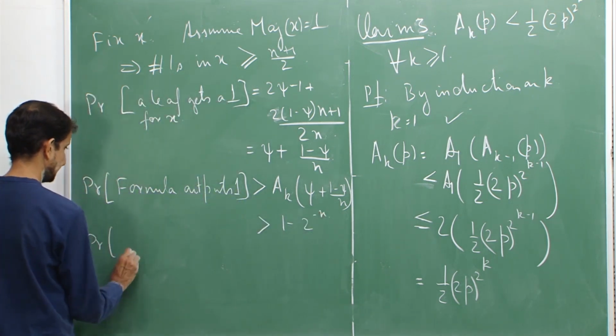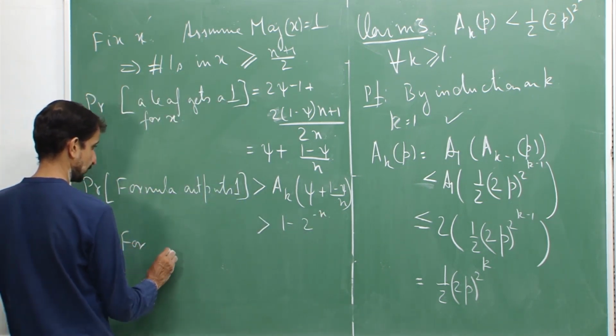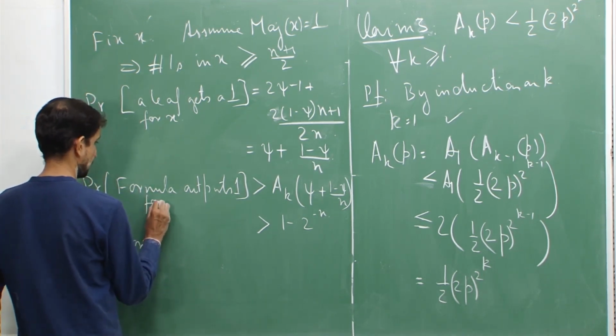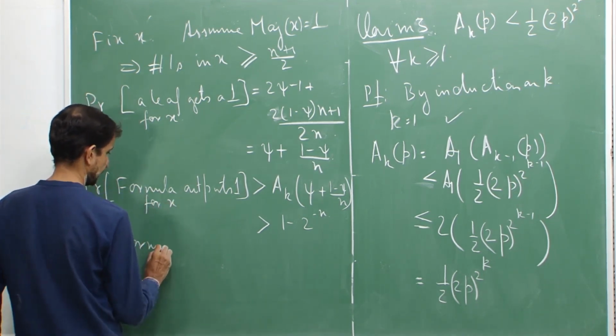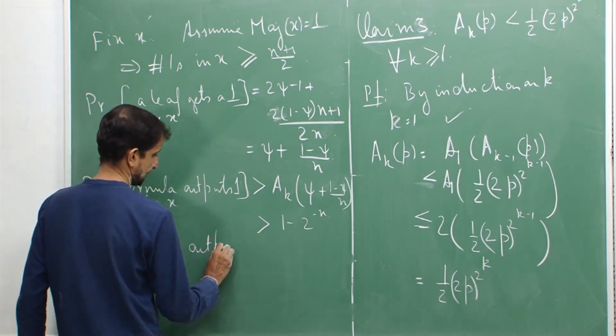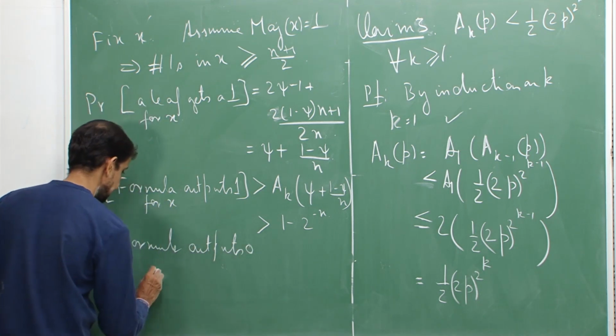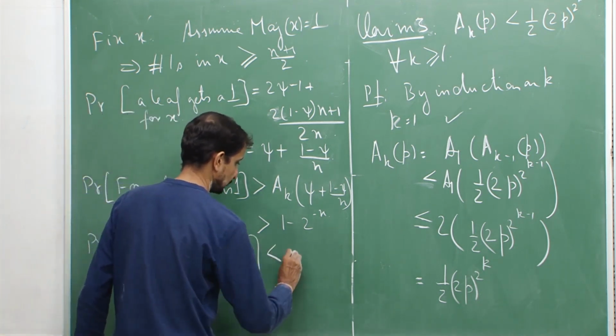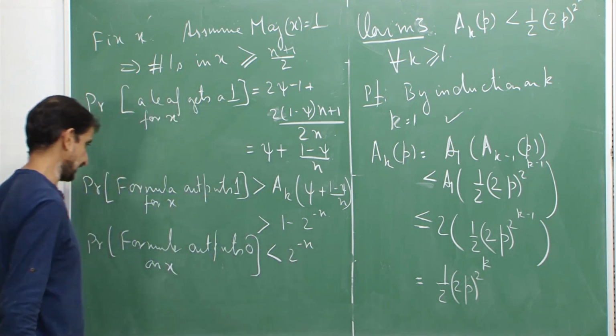So, for x, the probability that the formula outputs 0 on x is at most 2 to the power minus n.